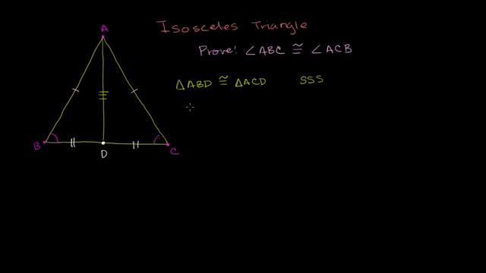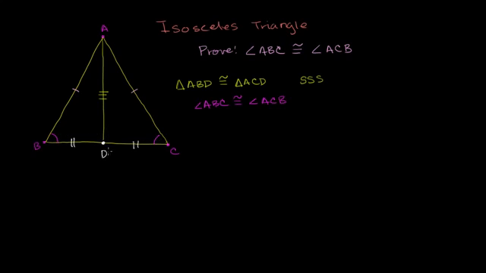So that we then know that angle ABC is congruent to angle ACB. So that's a pretty neat result. If you have an isosceles triangle, a triangle where two of the sides are congruent, then their base angles are also going to be congruent.